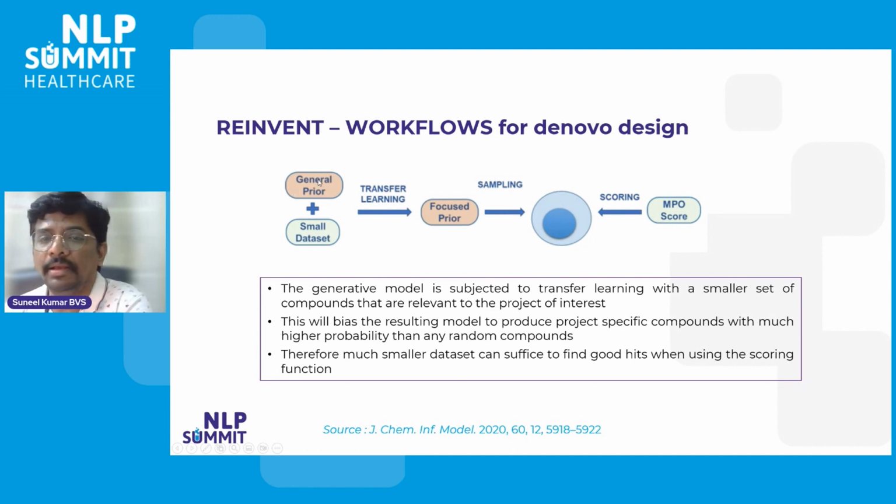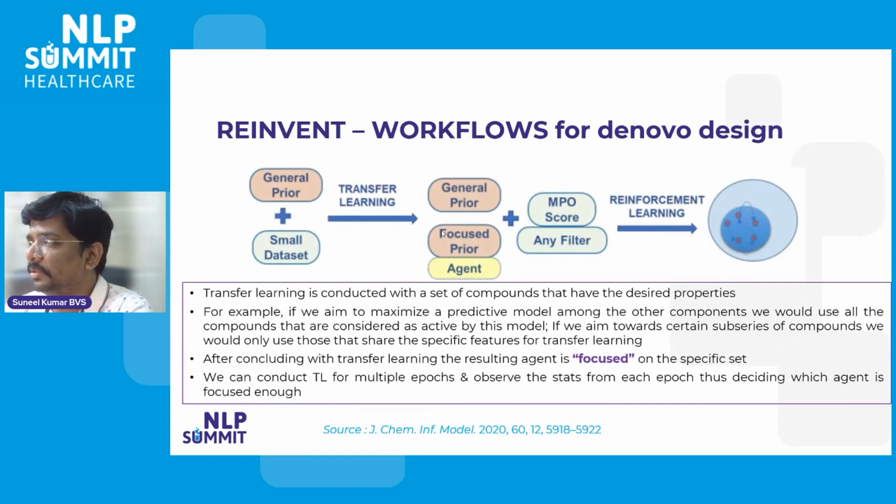Using a transfer learning approach, the model learns the chemical space of the given biological target, and then starts designing molecules in a focused way that are similar to the given training set, rather than random designing. Then we do the sampling followed by scoring. This approach is not random; by using transfer learning, we are generating molecules that are focused towards the biological target.